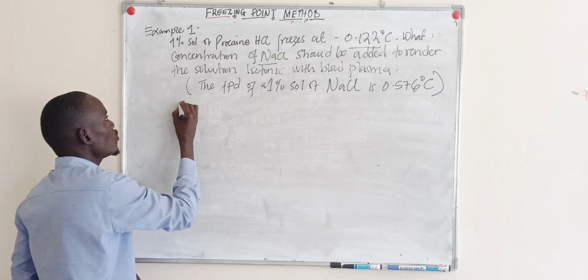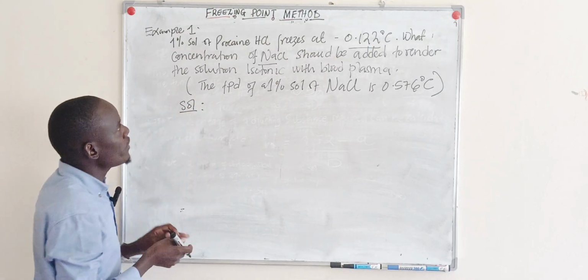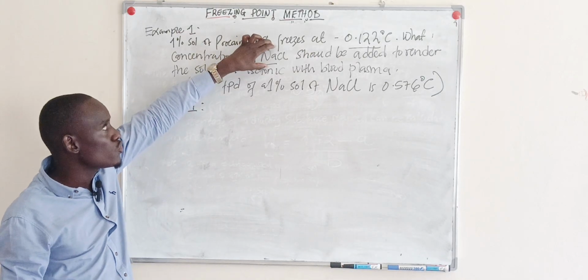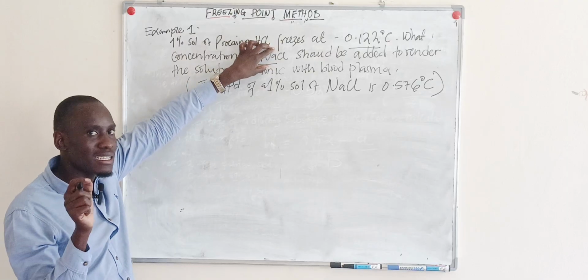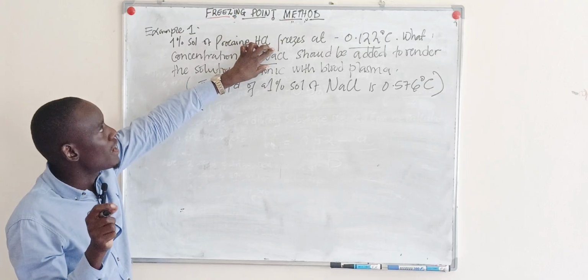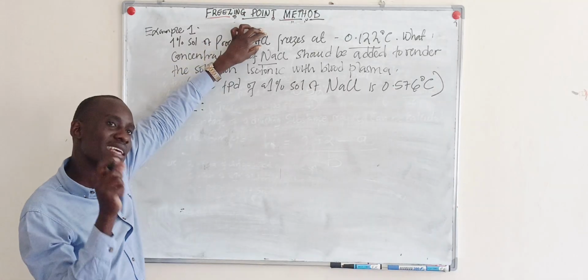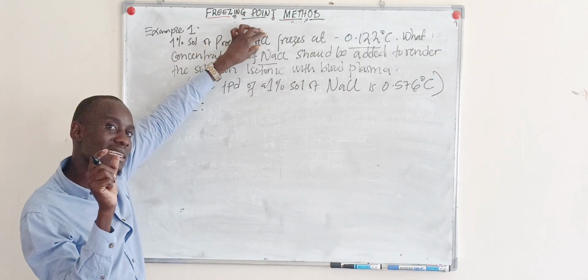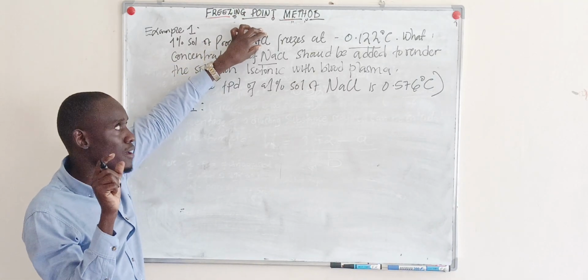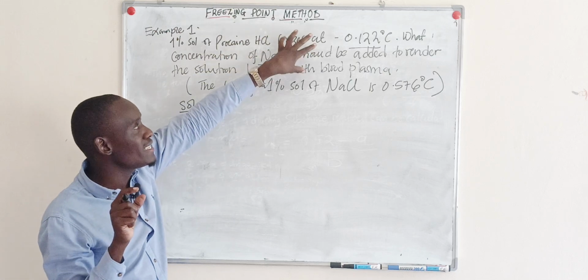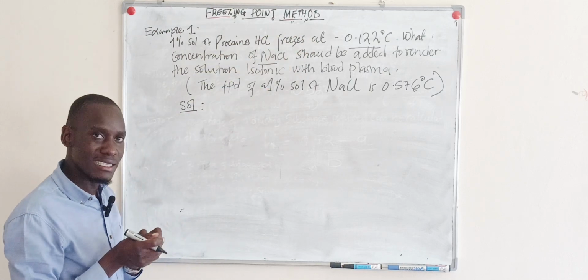When you read this question, you realize that they want us to use sodium chloride as the adjusting substance. But we have procaine hydrochloride as our main substance in that solution, and we need to adjust this solution to isotonicity.